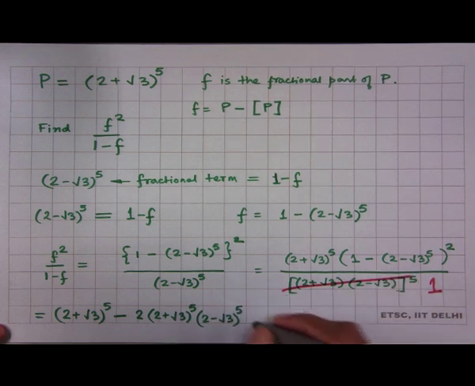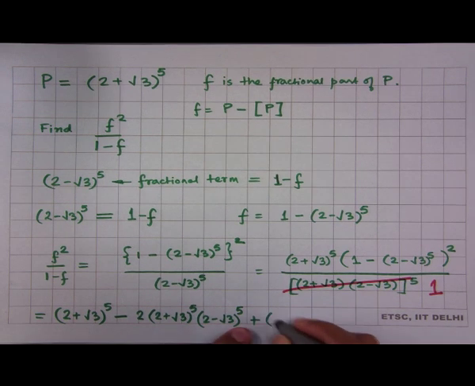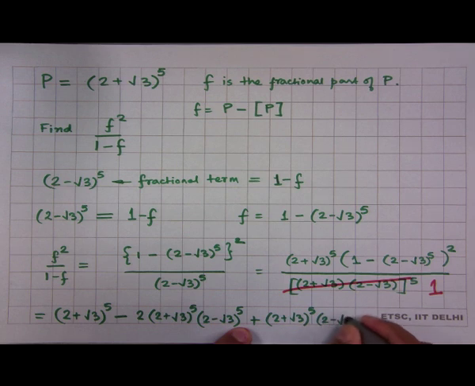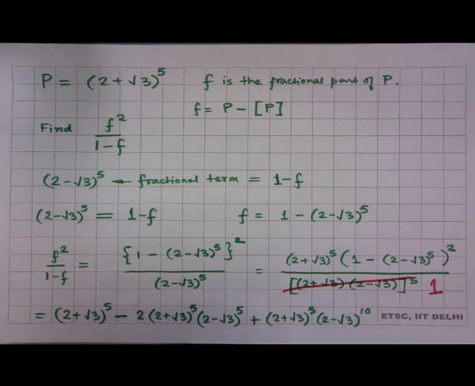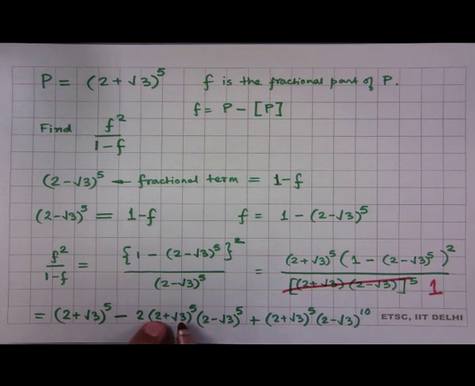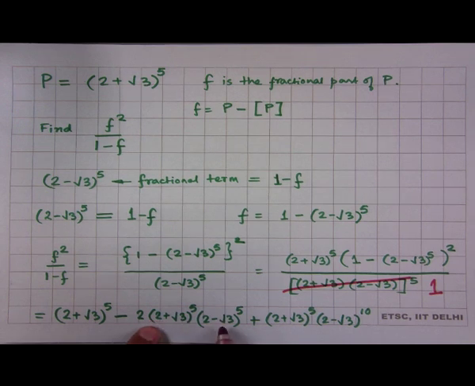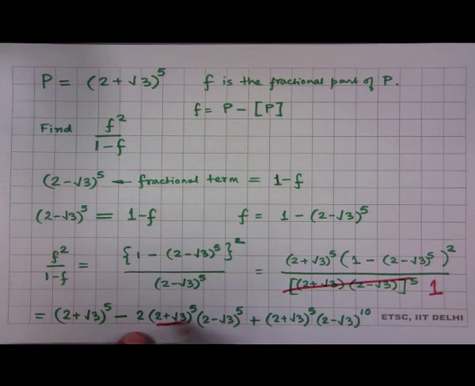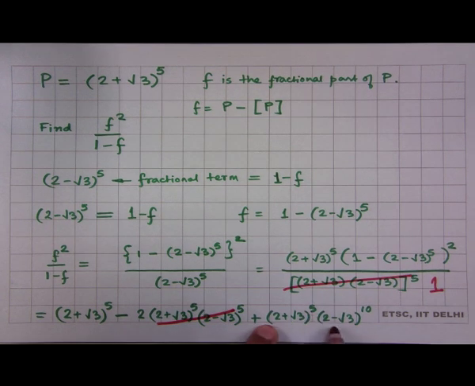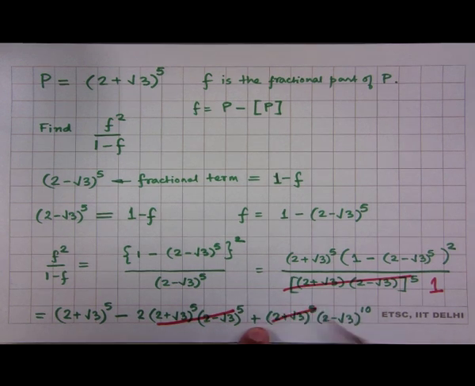and then plus (2 plus root 3) whole power 5 into (2 minus root 3) whole power 10. But you already know that (2 plus root 3) times (2 minus root 3) is 1. So, (2 plus root 3) times (2 minus root 3) whole power 5 is 1, correct. So, (2 plus root 3) whole power 5 and (2 minus root 3) whole power 5 will cancel out. So, this is what will remain.